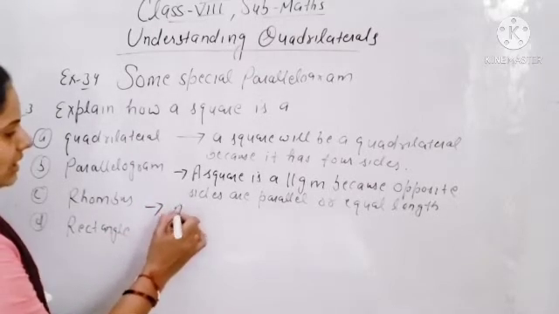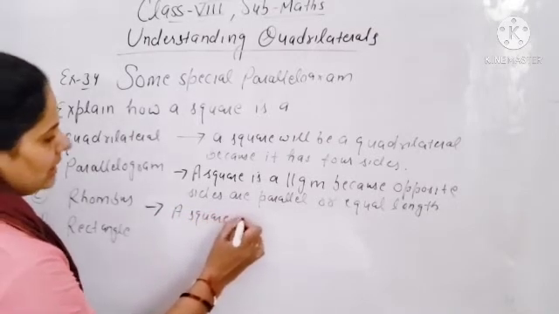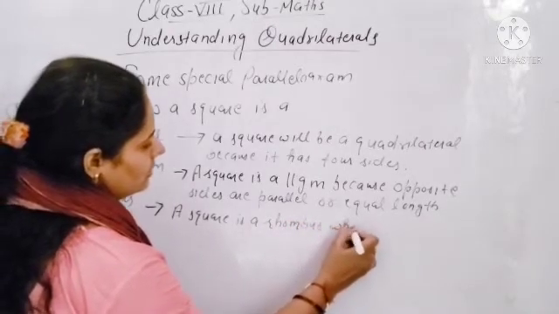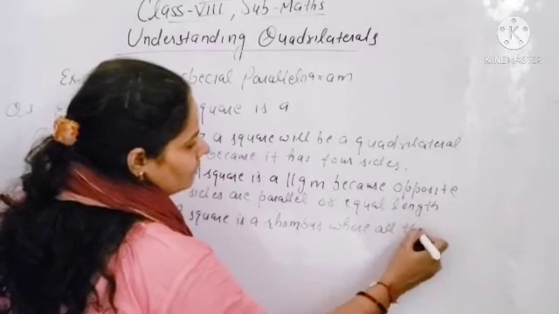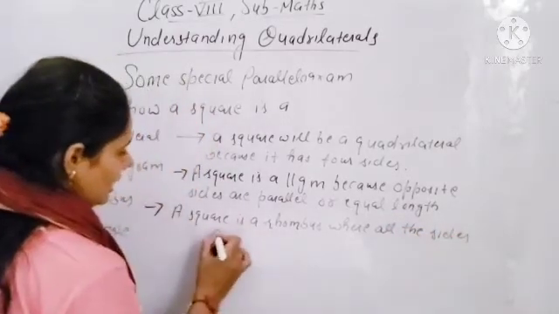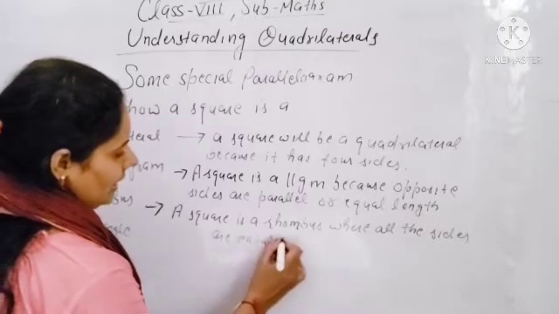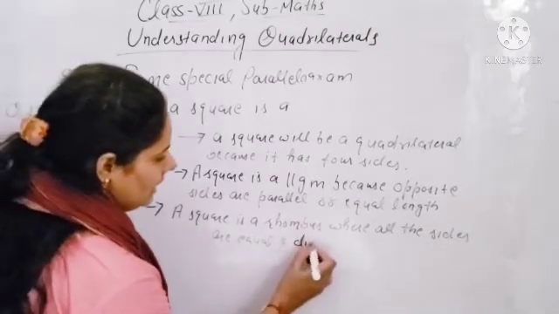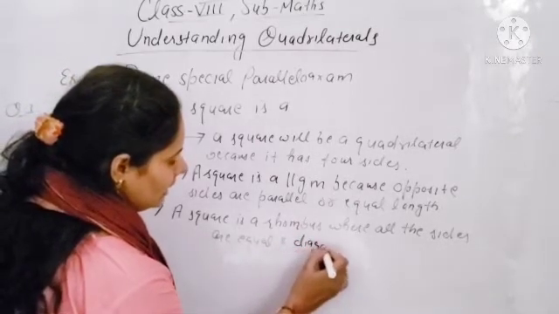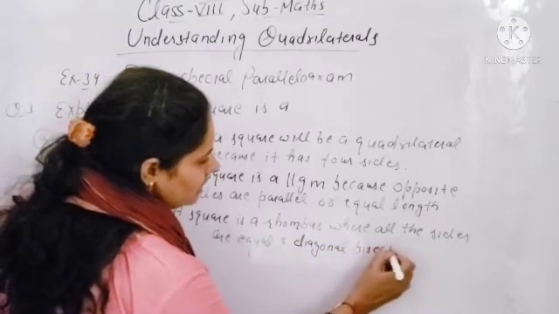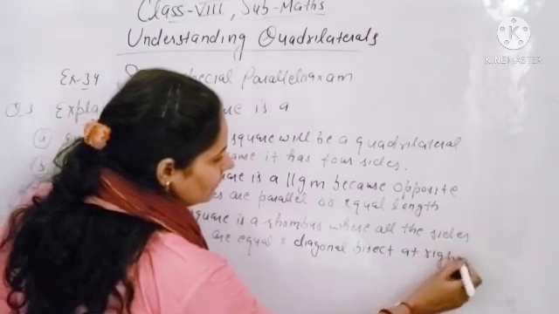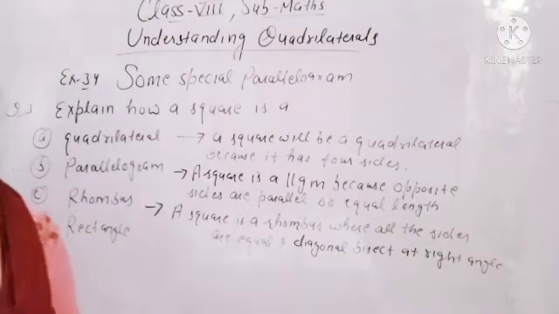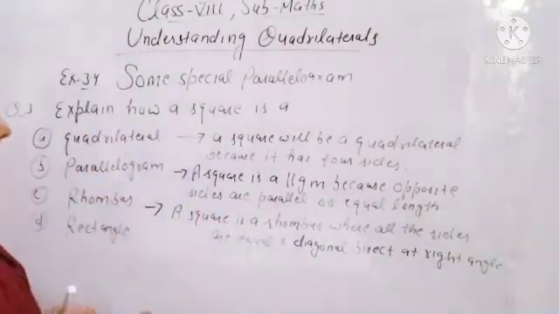So yes, a square is a rhombus where all the sides are equal and diagonals bisect at right angle. Clear? In square and rhombus, in both, diagonals bisect at right angle and they have equal length. So you can say it will be a rhombus.